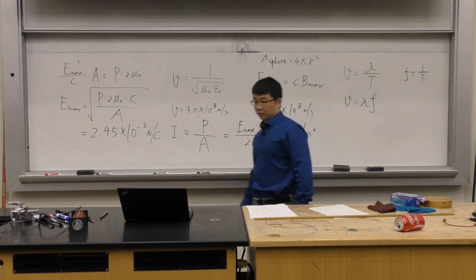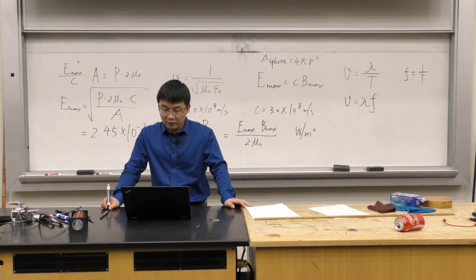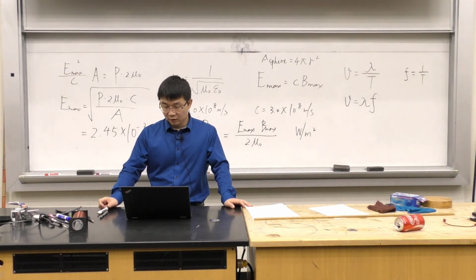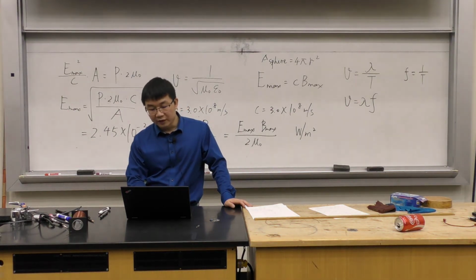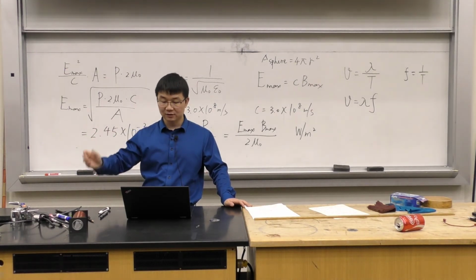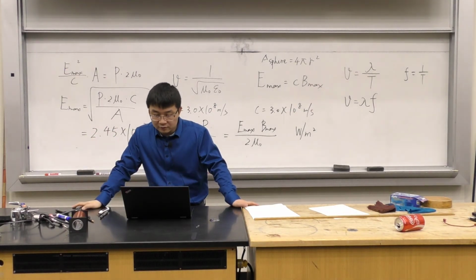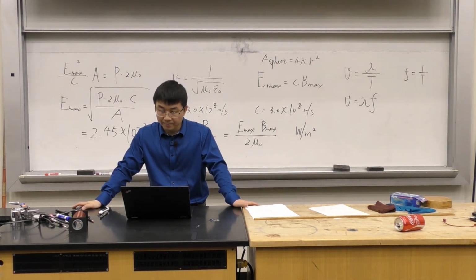So you can see that, and then we do have some names for EM waves in different ranges. For example, on the low frequency end, we call them radio waves, and radio waves are widely used every day, right? Microwaves come after that, and we use microwaves to heat up food.